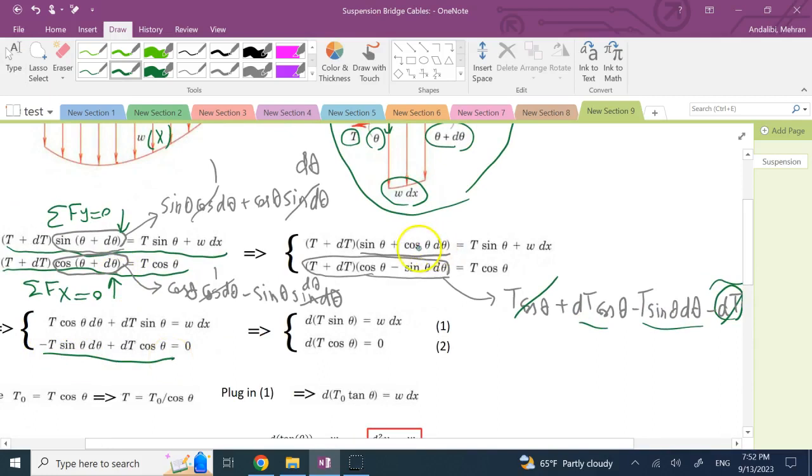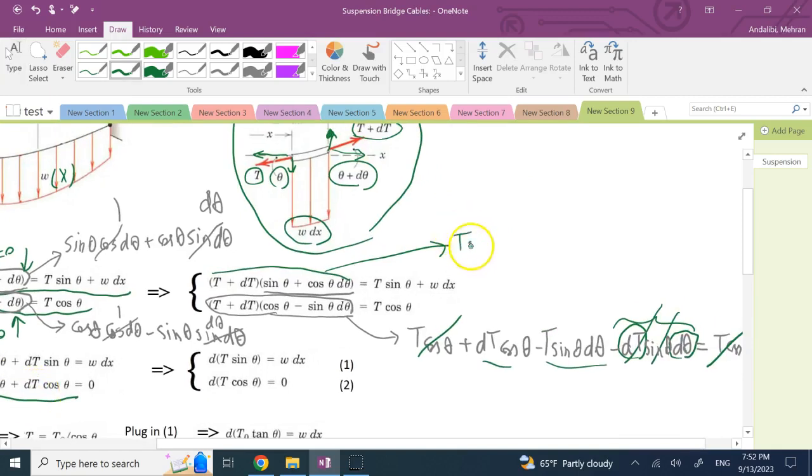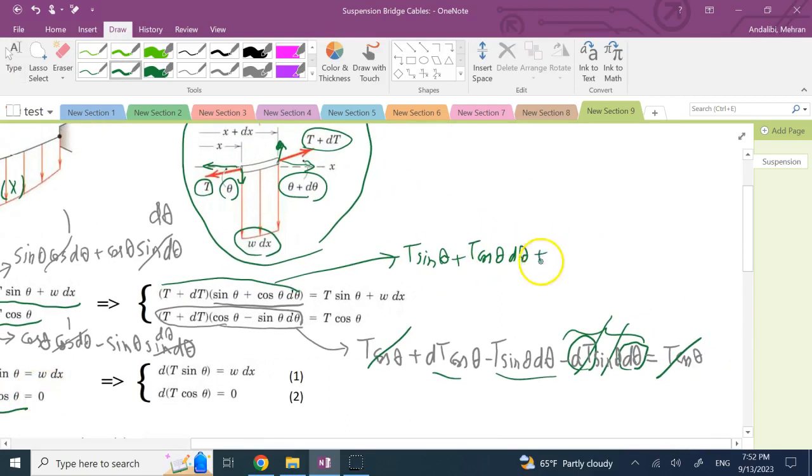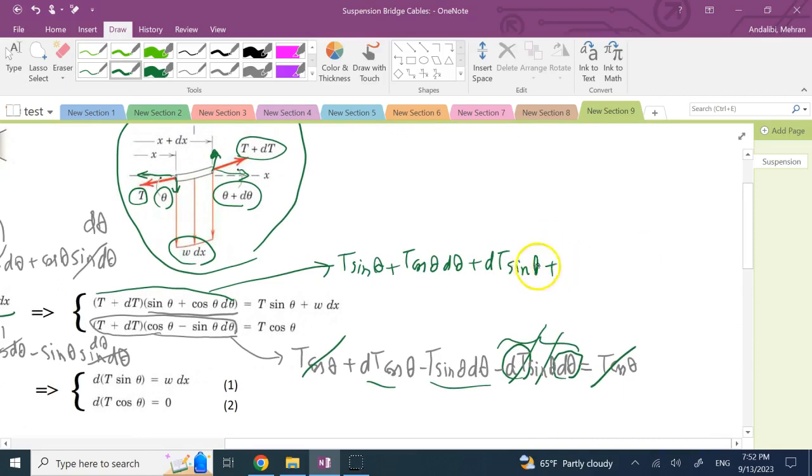Also, on the top one, again, you have two terms and two terms. You have four terms, right? So let me expand this one as well for you. So this is going to be t sine theta plus t cosine theta d theta, and then plus dt sine theta, and then plus dt cosine theta d theta.